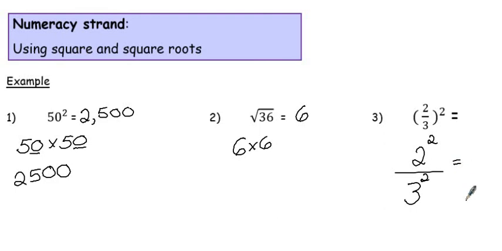So 2 squared is 2 times 2, which is 4. And 3 squared would be 3 times 3, which is 9. So the answer to this one, the third example, is 4 over 9.